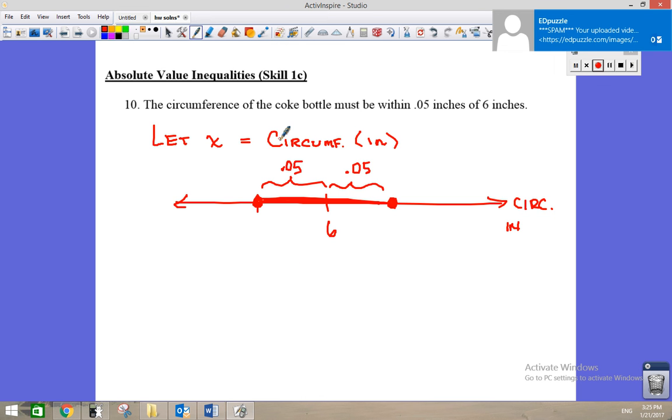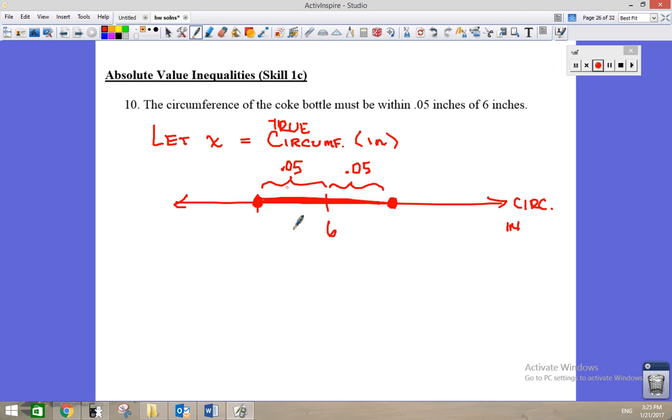So if x is representing the measured circumference of the actual bottle, our target, our center, is 6, and we have a middle portion of the number line shaded, so my inequality is going to point towards the absolute value equation because I'm not out in the tails of the number line, I'm in the center.